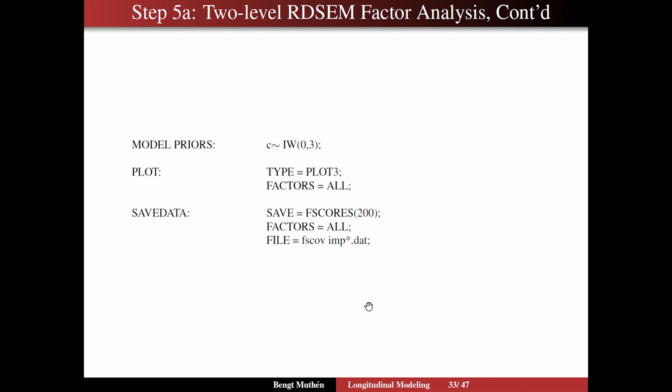So as a first step towards that, we therefore do imputations of 200 data sets here on slide 33. And that's going to move us towards an analysis where amplitude and phase are instead regressed on those covariates. That is, getting to step 5b.